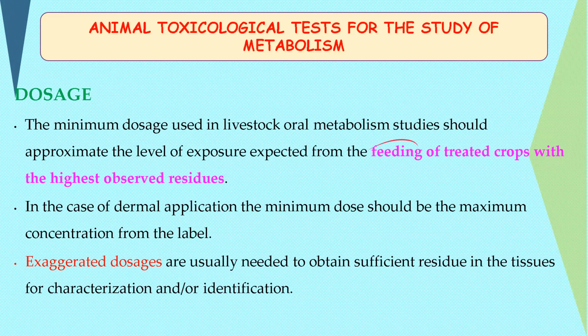So here we have to analyze the treated crops. In case of dermal application, the dose should be the maximum from the label of the particular compound. Exaggerated dosages are usually needed to obtain sufficient residues in the tissues, many times whenever it is anticipated, and also for identification.